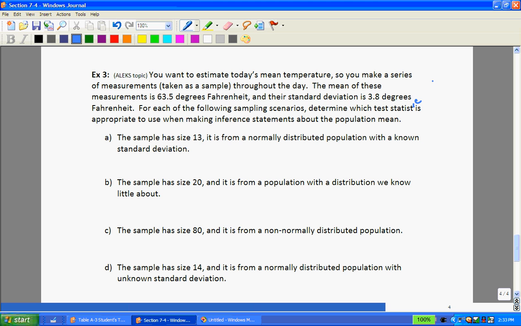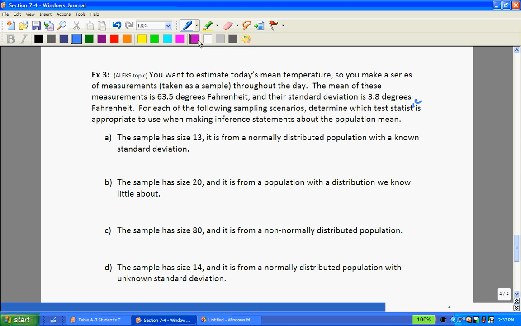A, the sample has size 13. It is from a normally distributed population with a known standard deviation. Well, think about the flow chart we just talked about. The first question I want to ask myself is, is the standard deviation known? And here they're telling us that it is known. So I really don't even have to consider the other information.